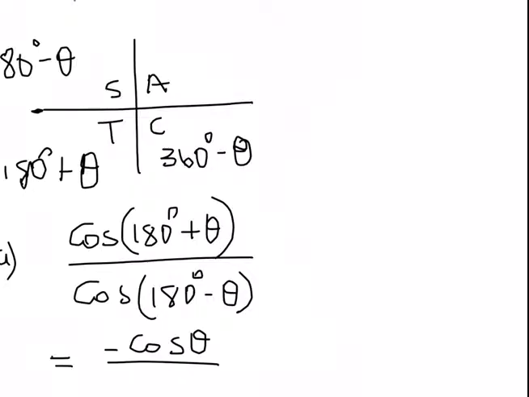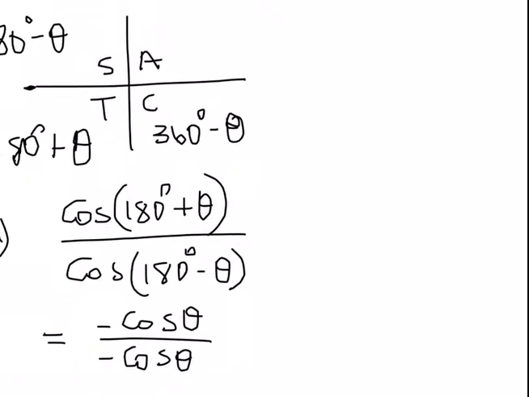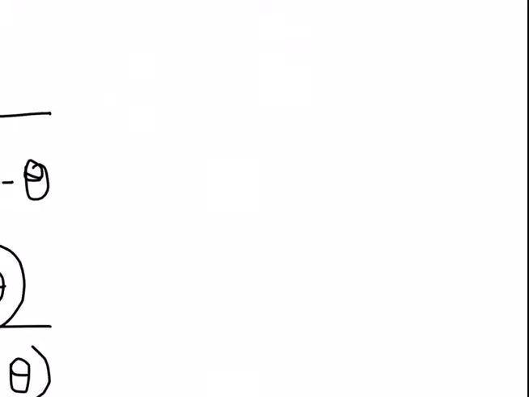Quadrant 2. Is cos positive? Nope. Then it means it's going to be a negative cos of an angle. Then mathematically we know that the negatives cancel, the cos of the angle cancels, and you have your final answer equal to 1. This is the type of questioning that you might need to expect in some of your exams.